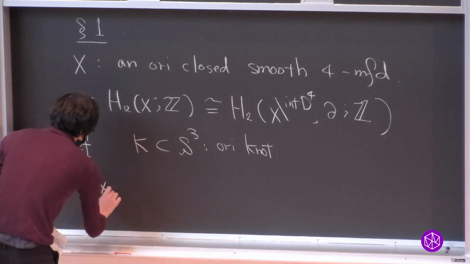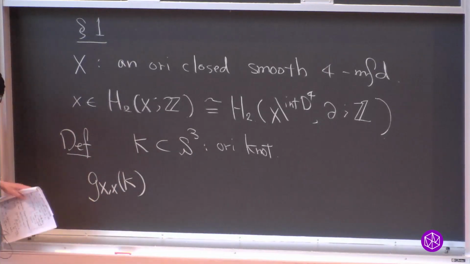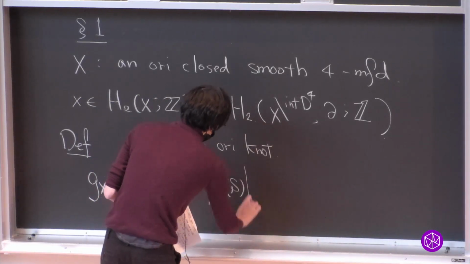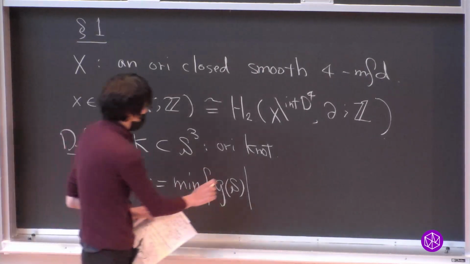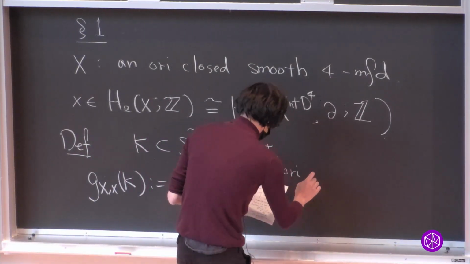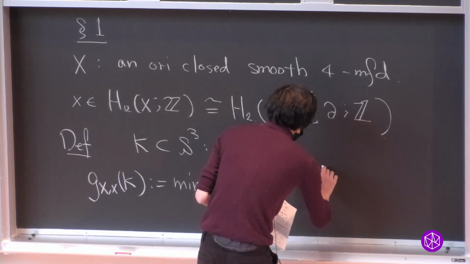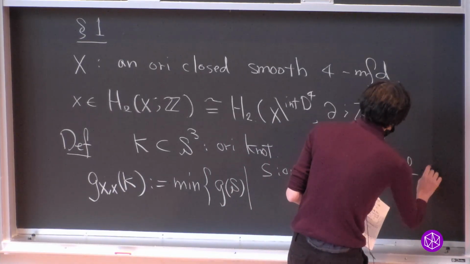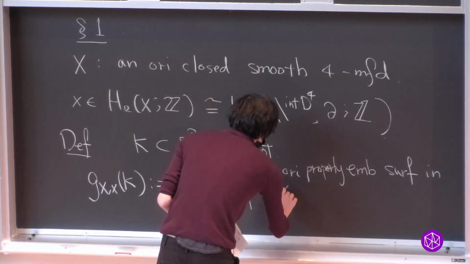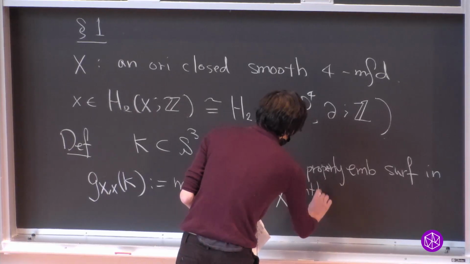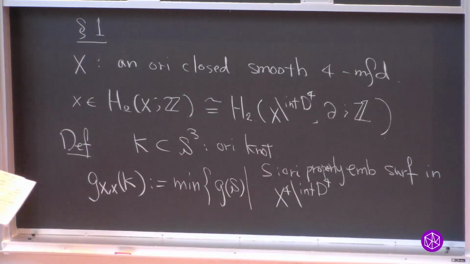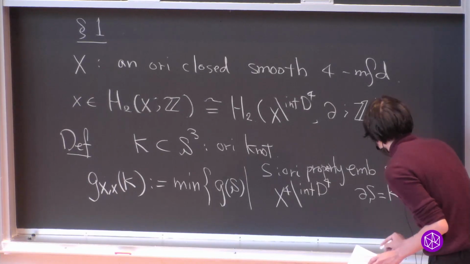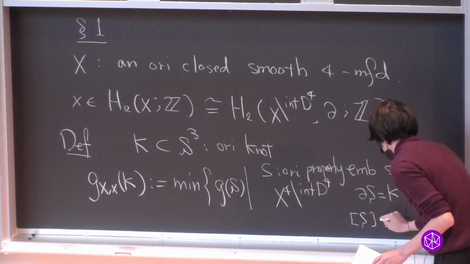It is denoted by G_X(x, K), the minimal number of the genus of S, where S is an oriented properly embedded surface in the punctured four-manifold, such that the boundary of S is equal to K, and the homology class of S is equal to x.